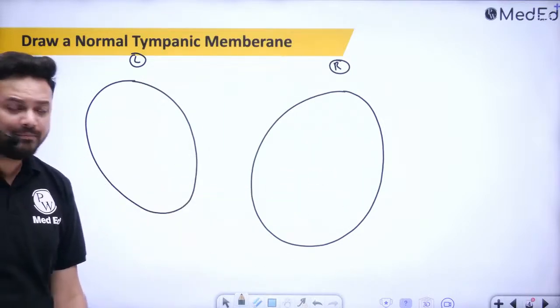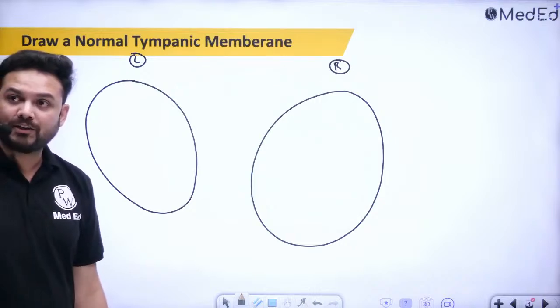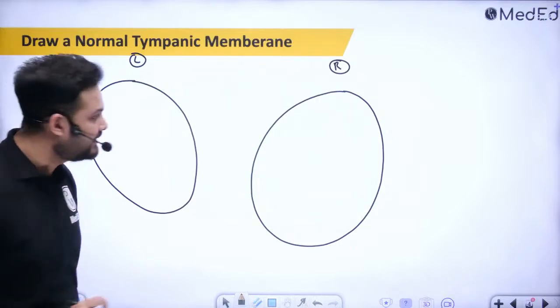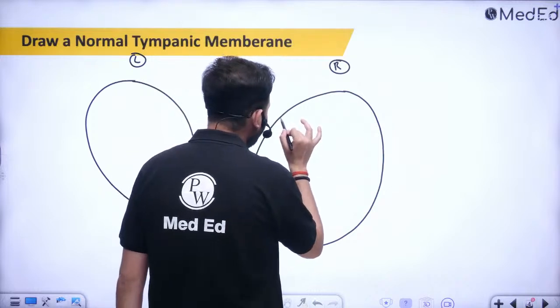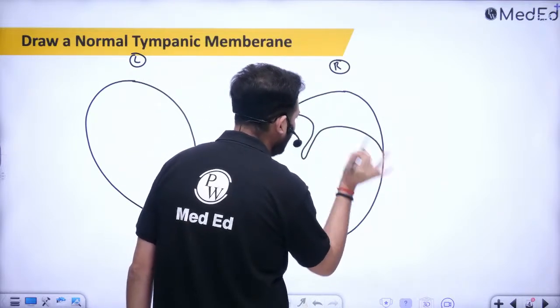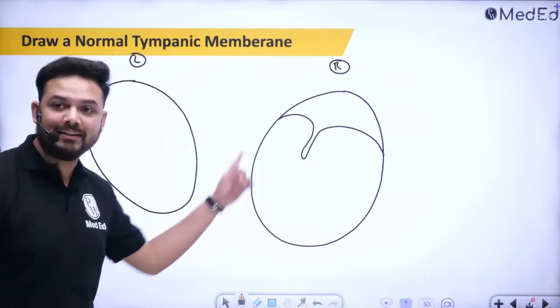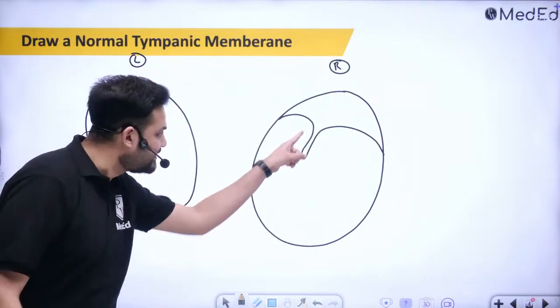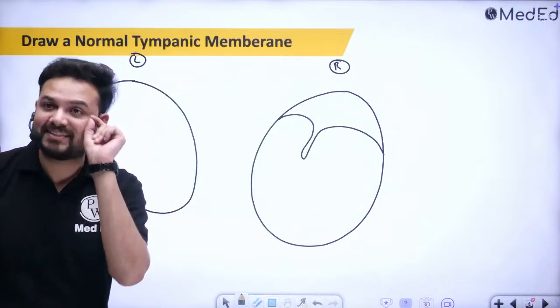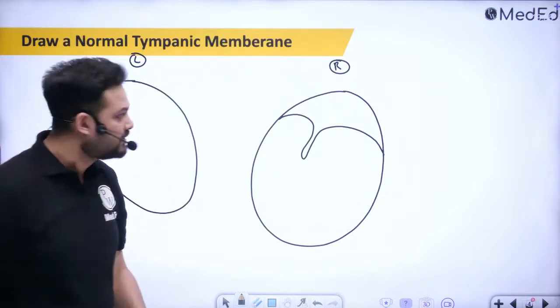Okay, fine. Now, I told you that there are two important things inside it, right? One is pars tensa, one is pars flaccida. तो अब आपको क्या करना है? You have to draw the malleus and you have to draw the malleal folds. And you know what is this in the center. This is the handle of the malleus which is attaching to the pars tensa. I already told you, right? So this is what?